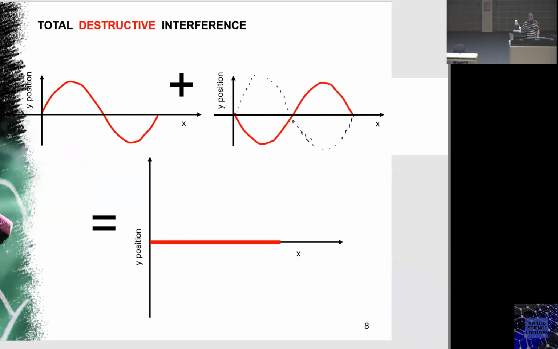But what happens if they completely overlap out of phase? Which means you're adding a sine to an inverted sine. What happens?